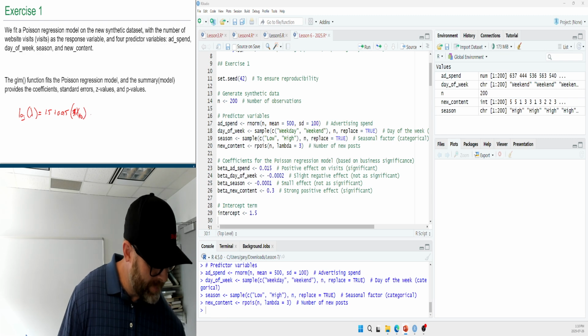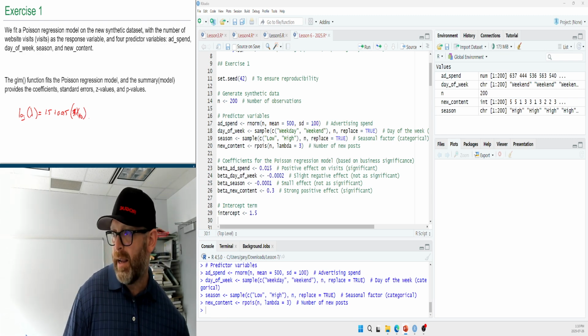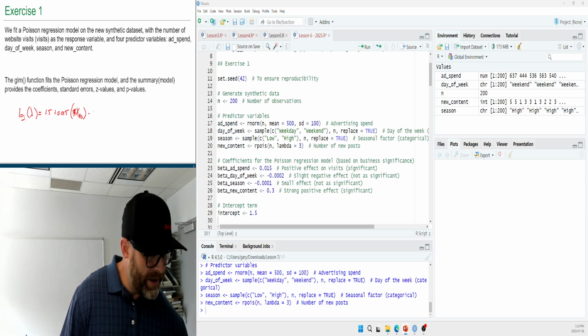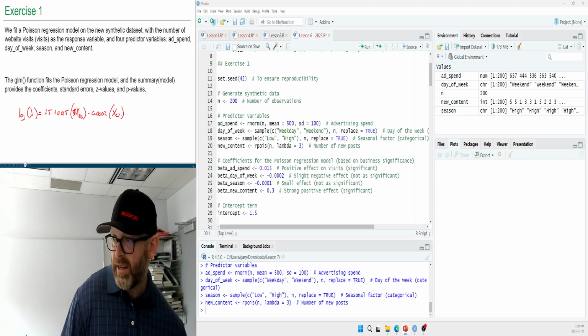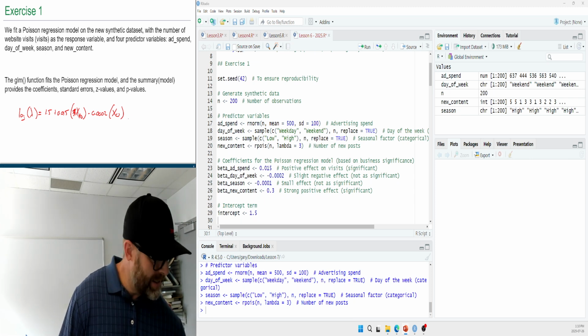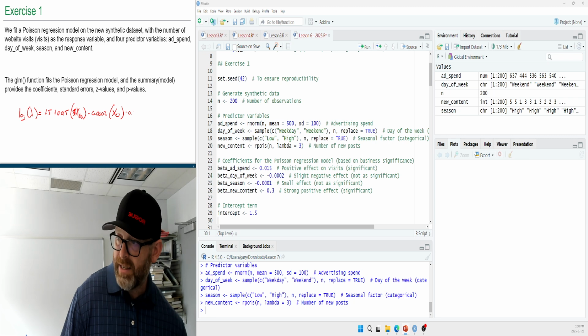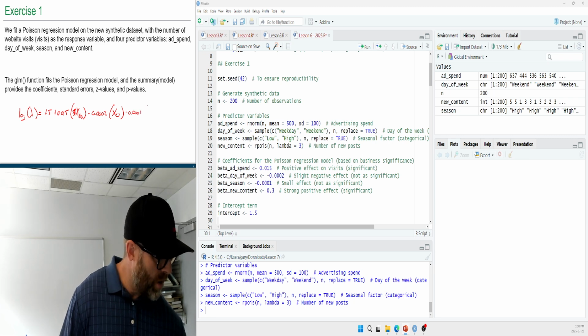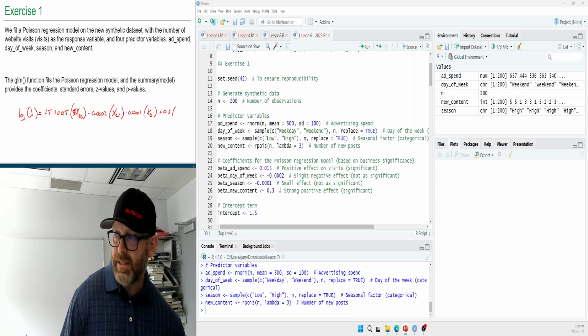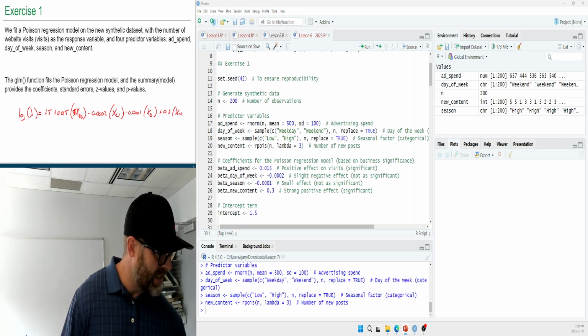Then my coefficient for day of the week is going to be negative 0.0002 X sub W for day of the week. Season, same idea, negative 0.0002, X sub D, and then plus 0.3, and this is going to be for new content, X sub C, new content. There we go.